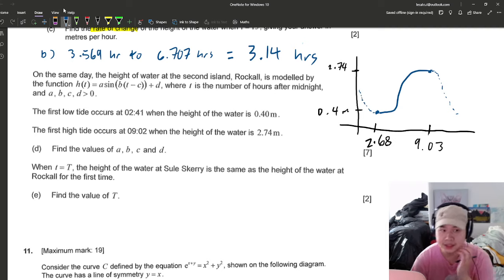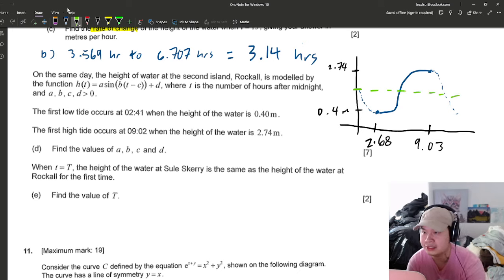Okay, so here's your wave, and then there's three properties about waves. There's the amplitude, the period, the midline or the center line, that will tell us about the coefficients of your equation. First off, I always like to find the center line. And the center line is always in between the maximum and the minimum.